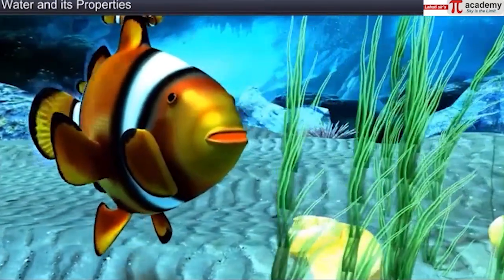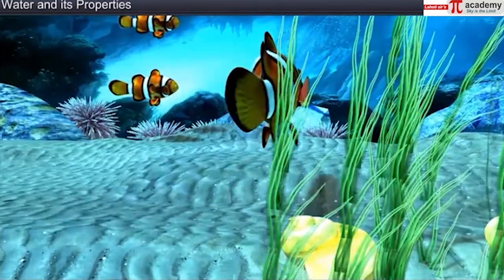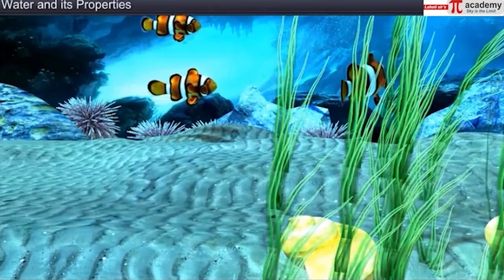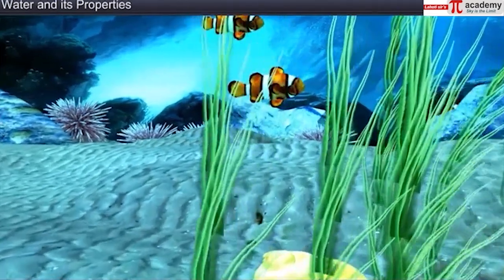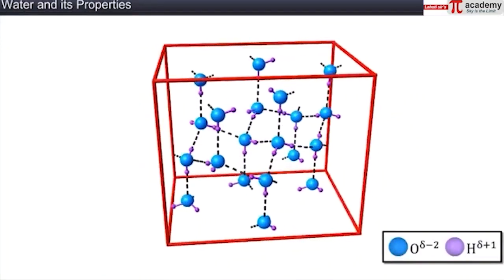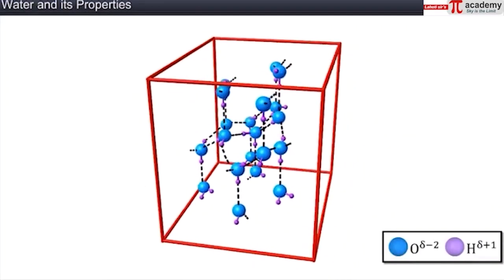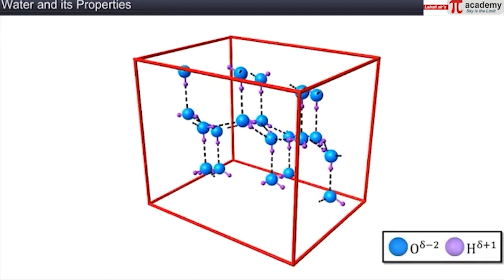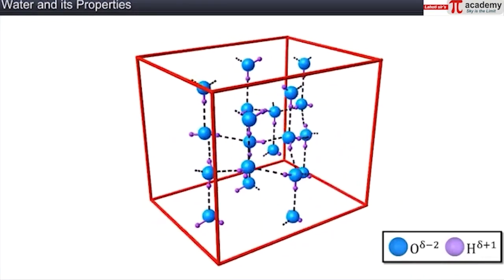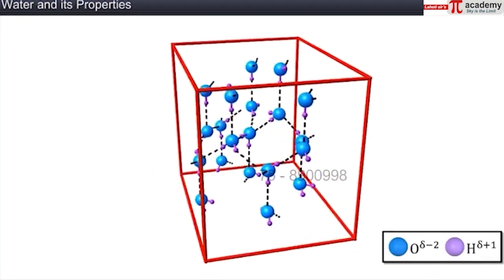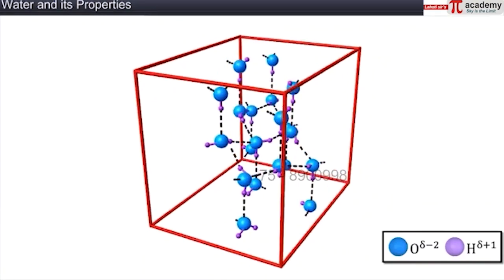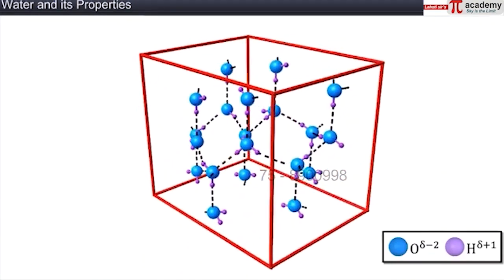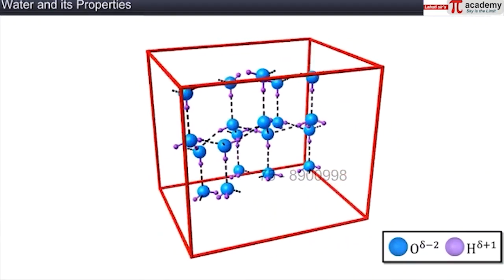In winter, the frozen ice on surface of the lakes provides thermal insulation and is important for the survival of aquatic life. Ice has highly ordered three-dimensional hydrogen-bonded structure, in which every oxygen atom is surrounded tetrahedrally by 4 other oxygen atoms at a distance of 276 picometers.